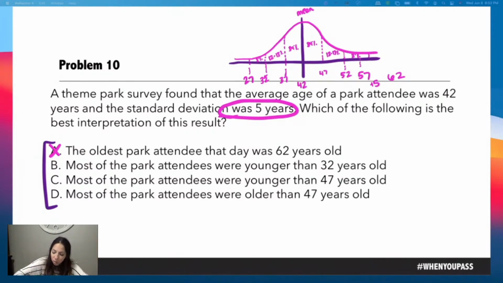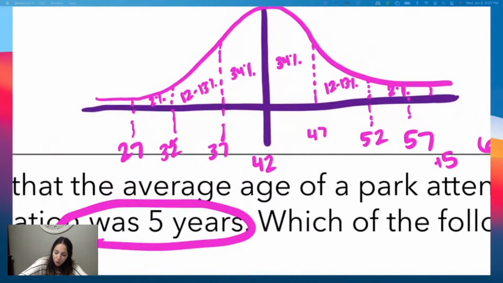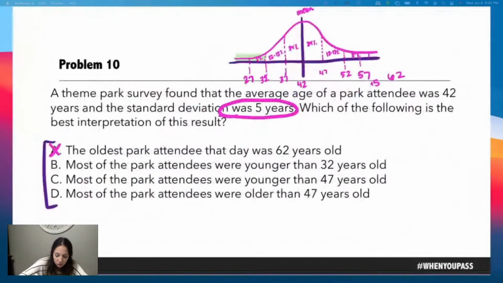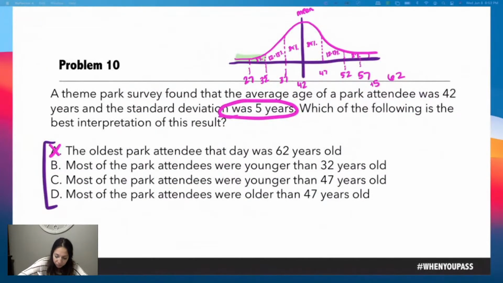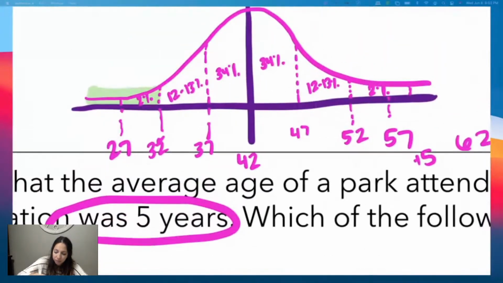Most of the park was younger than 32. Well, that would be anybody from here over. Is that most? No, that's only 2%. So that's out. Most were younger than 47. Younger than 47 would be from here over.